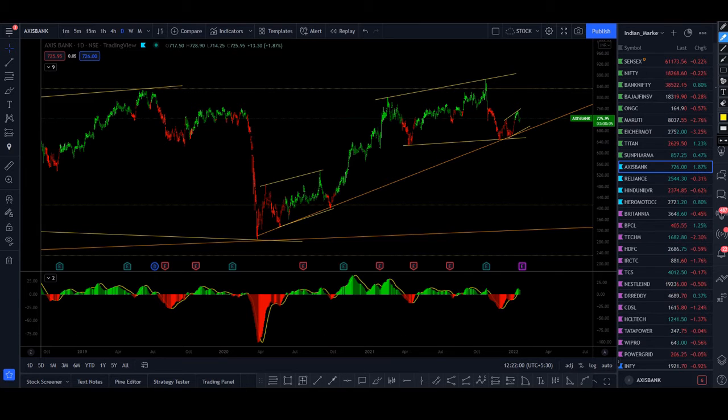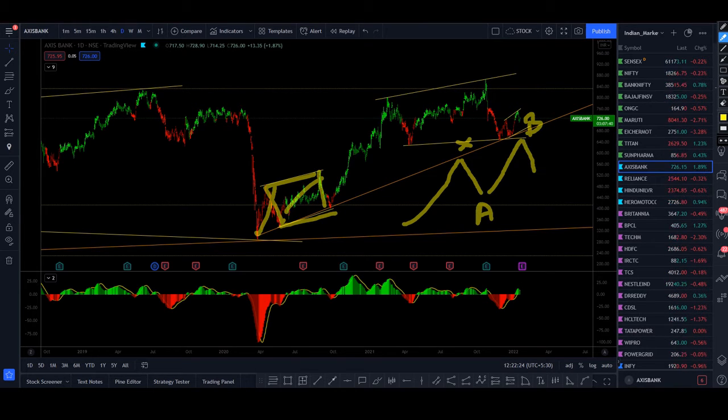The first one is the impulse followed by correction, and then consolidation and a correction to complete the first wave. And this pattern is called the running flat, where we have an impulse X followed by A, then B crosses the X but C doesn't cross the A, and this is called a running flat.